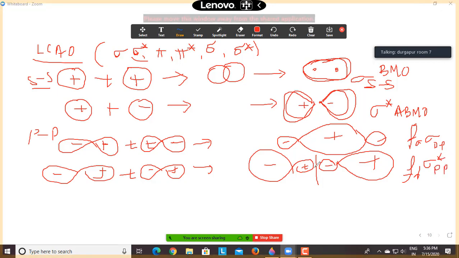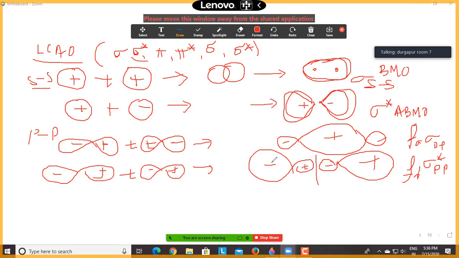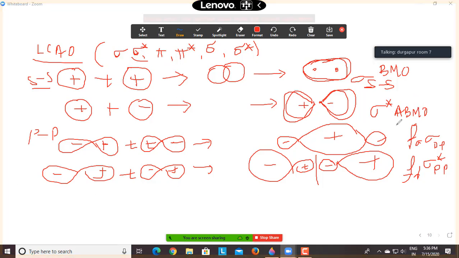So the lobe whichever is coming together will be smaller and the other lobe will be bigger because force of repulsion is dominant. And here the lobe whichever is mixing will be bigger and the lobe whichever is not mixing will be smaller because they are coming closer. Is that clear? Yes, sir. So this is about sigma bond, sigma, sigma star, and this is also sigma and this is sigma star for p-p.